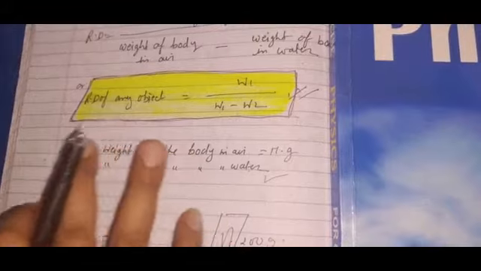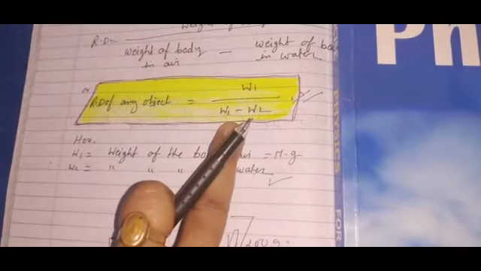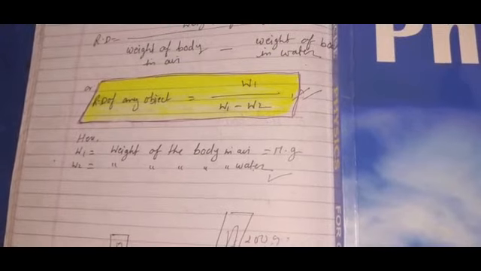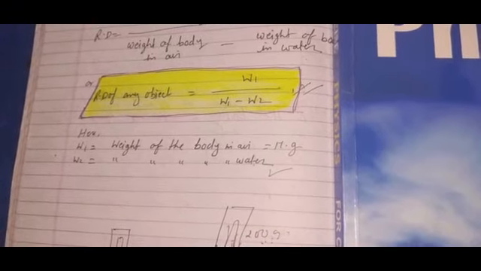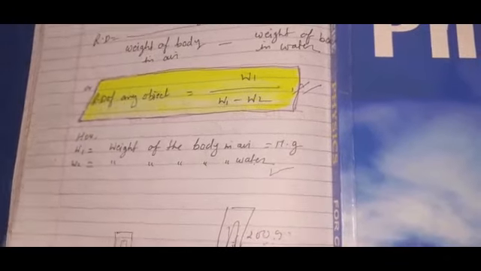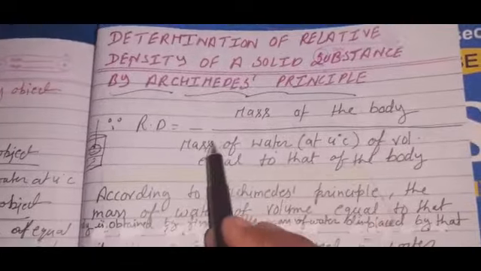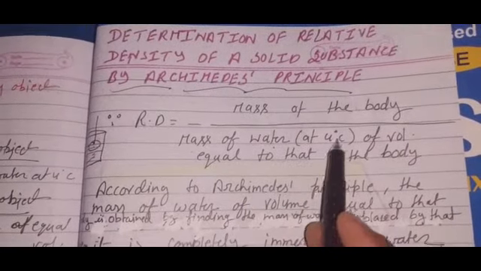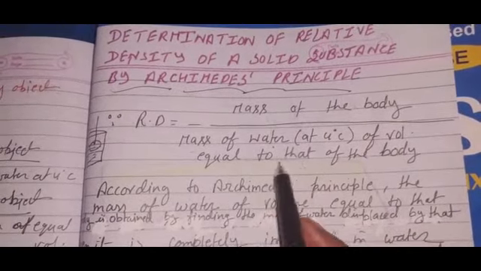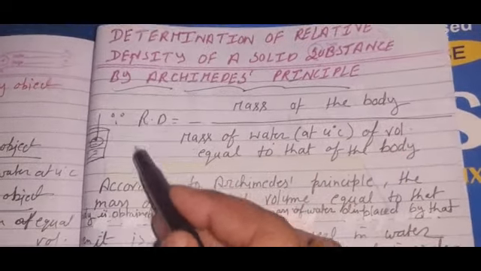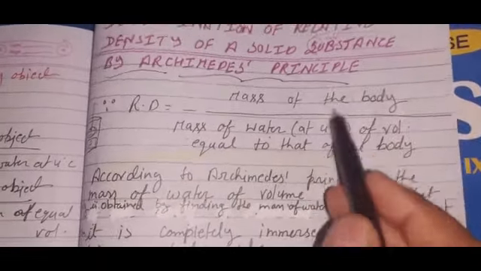Now children, I am going to solve one numerical based on this formula, but after that I want to put a question in your mind. If we are going to use this formula where we have written that RD is equal to mass of the body divided by mass of water at 4 degrees Celsius of volume equal to that of the body, it means this formula is especially for that object, because with the help of this we reached this formula.